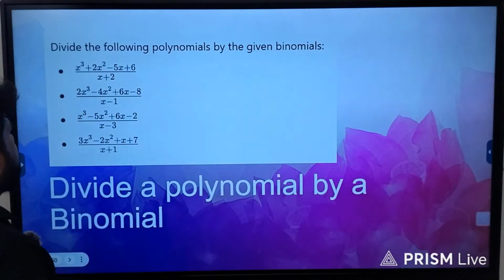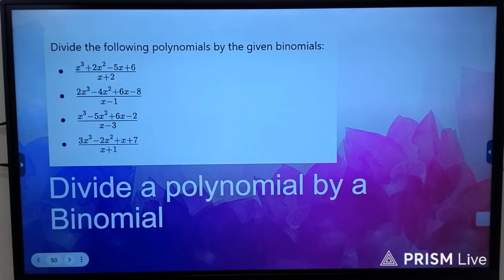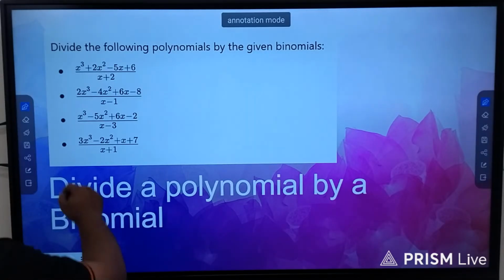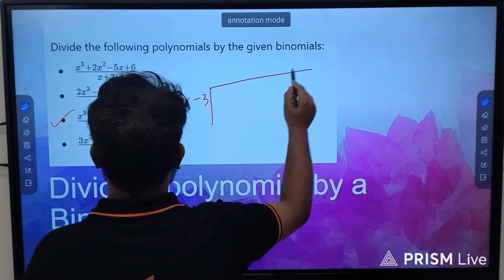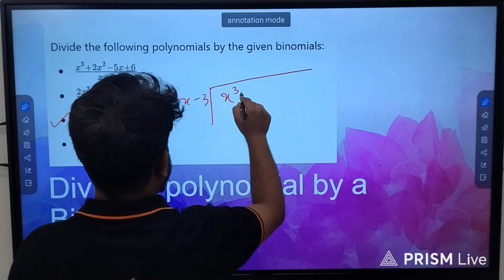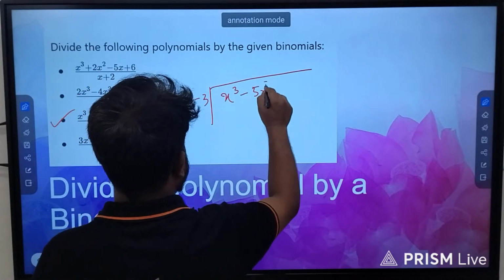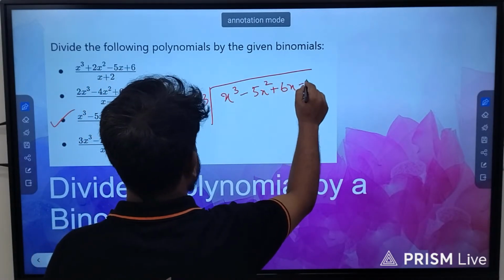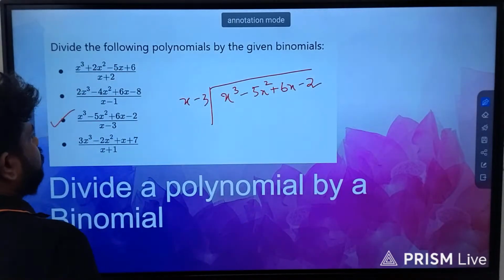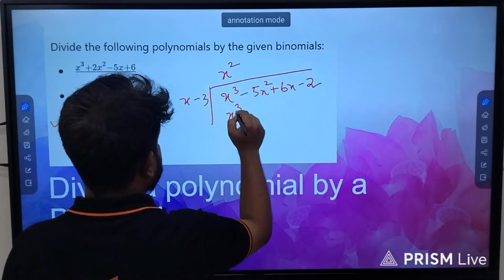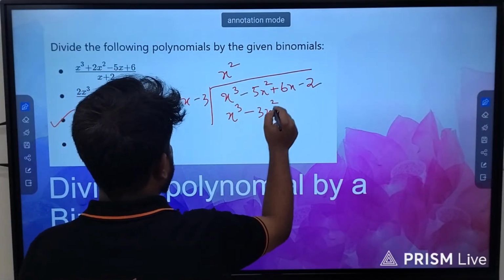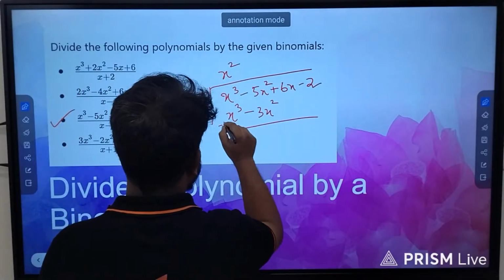Okay, the next one. Let's do one again here: divide x cube minus 5x square plus 6x minus 2 by x minus 3. So first one will be x square, so it will be x cube minus 3x square. Change the sign.